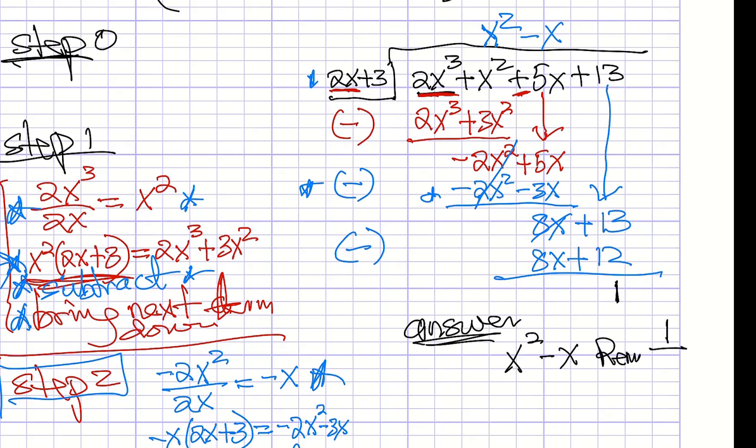So you can write it. Remember, you can write it like this. You see that, right? That's the remainder, because it's 1 divided by the divisor. Okay, you see that, right? Right, so it's x squared minus x, remember 1 over 2x plus 3, and then we're done with that.